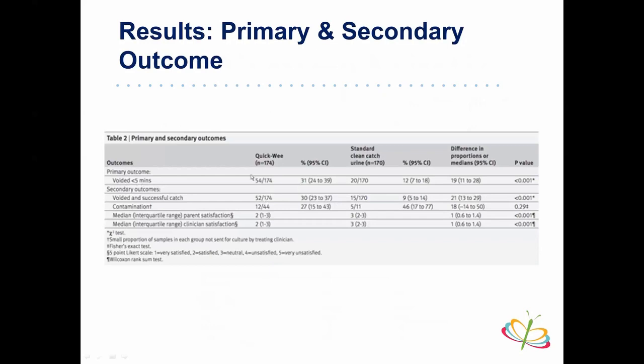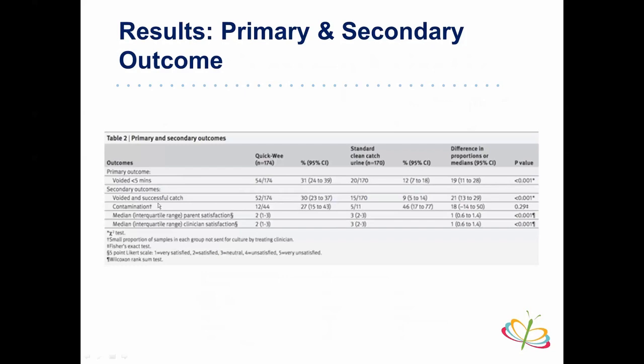So the quick wee method, 54 out of 174 infants voided, or 31% of the infants voided within the 5-minute period, with a 95% confidence interval of 24 to 39%, versus the standard clean catch was 20 out of 170 infants, or 12%, with a 95% confidence interval of 7 to 18%, and then a difference of proportions of 19%. And this is significant because the p-value is less than 0.05.